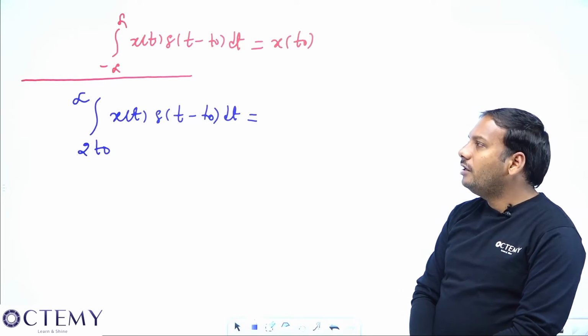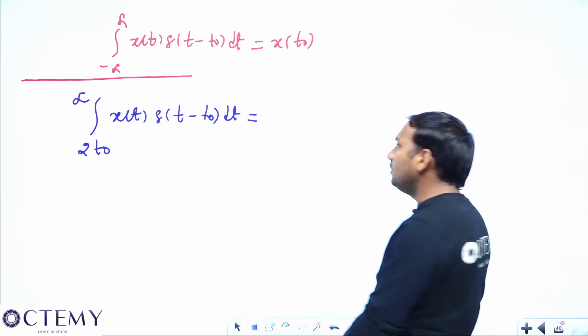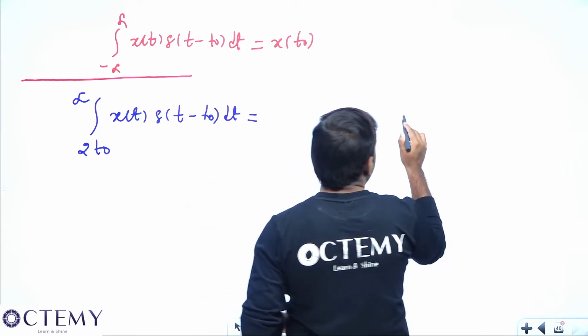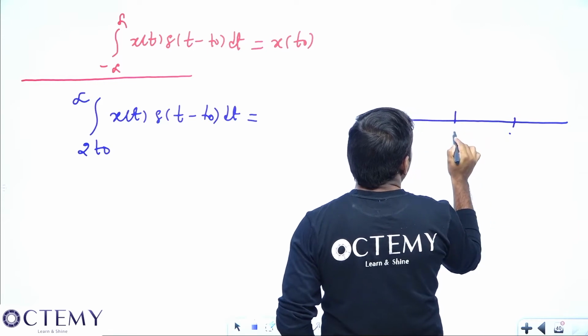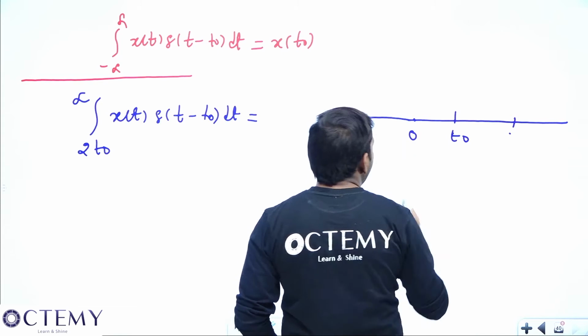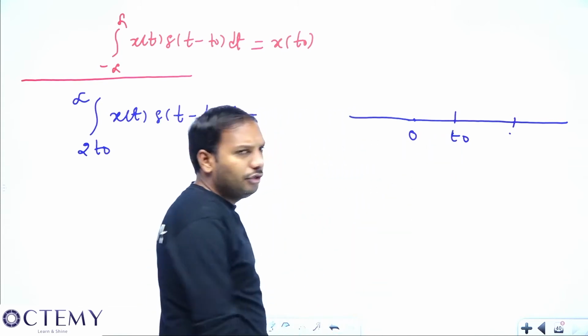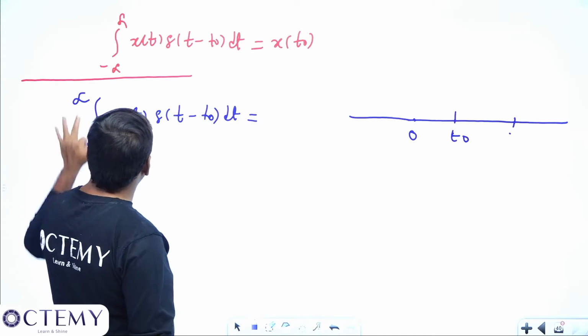Here it is very important to understand the logic. The logic here is that delta(t minus t0) means the impulse is happening at t0. Let this be 0 on the timeline. The impulse is happening at t0, but you are integrating from 2t0 to infinity.